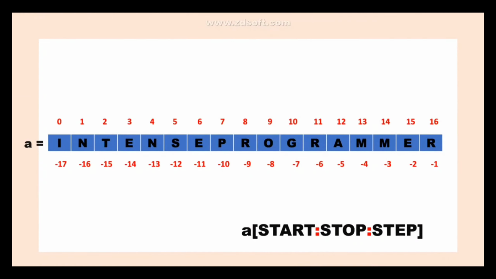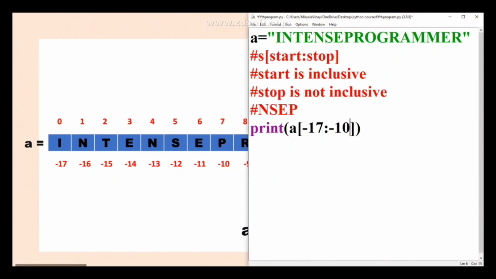So it is going to print I, N, T, E, N, S, E, and it is not going to print P because the P value is not included. The index value is -10. It starts from -17 and ends at the previous one of -10, so it stops at -11.